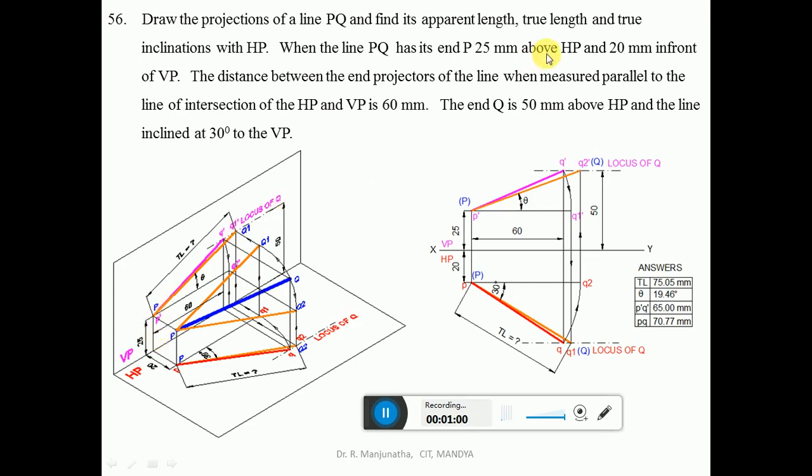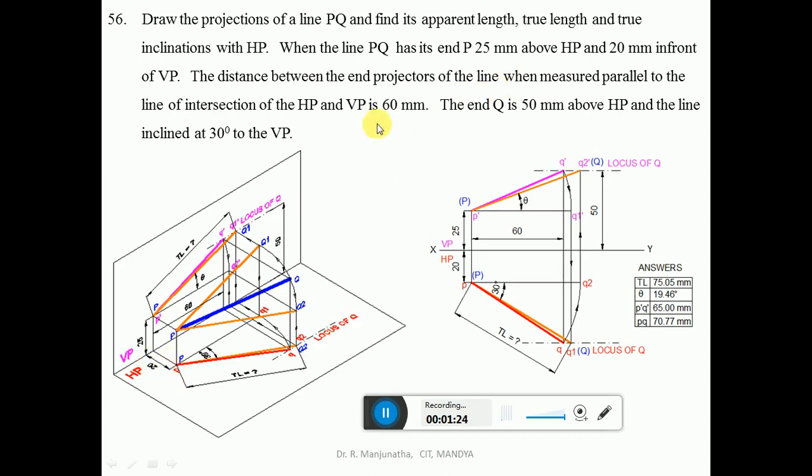Similarly, 20 mm in front of VP: when you look from the top view, the point is 20 mm in front of VP, so the distance will be 20 mm in front of VP. So you get this point, small p.